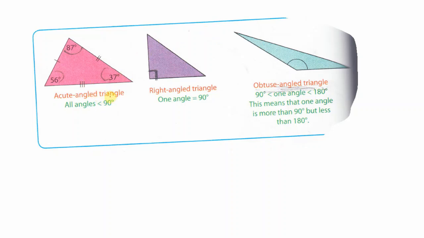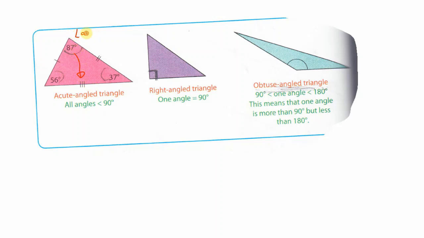So there's a very specific relationship between, as mentioned before, the sides of a triangle and the angles. For example, in this triangle, 87 degrees is the largest angle. If you go opposite it, you will find that the side opposite the largest angle will also be the longest side.